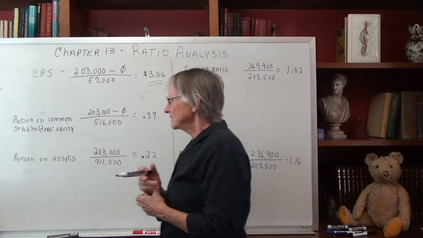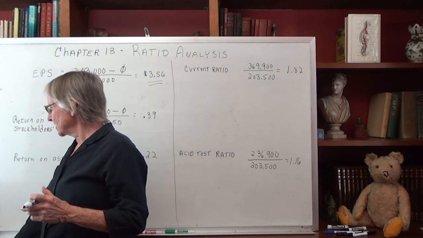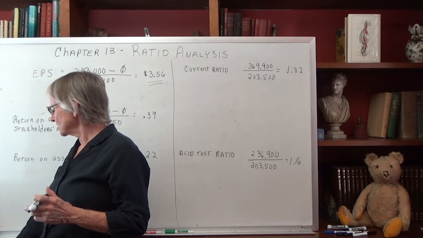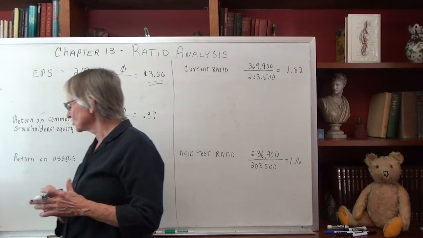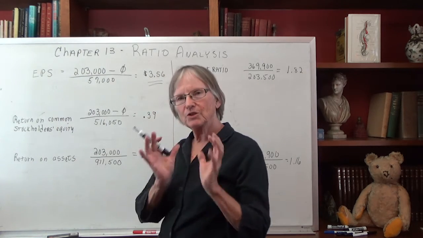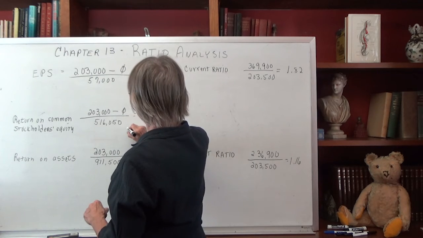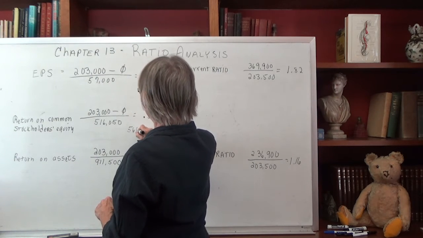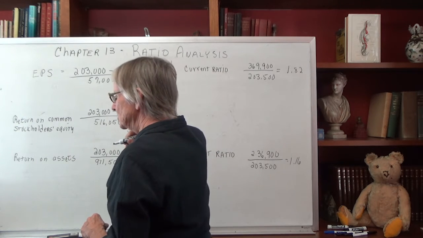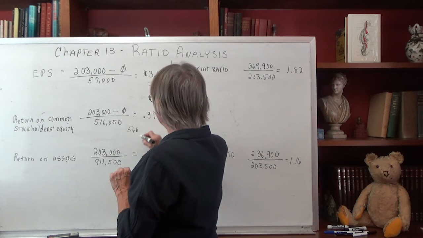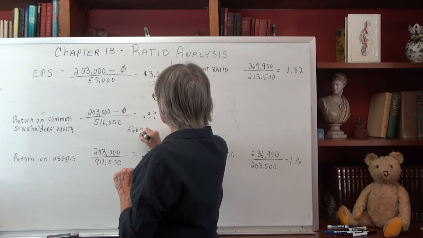In another problem, you might have to look at it and say, okay, the common stock is 280, the retained earnings is 286, so we get the total of that. The total stockholders' equity for the end would be 566,700.